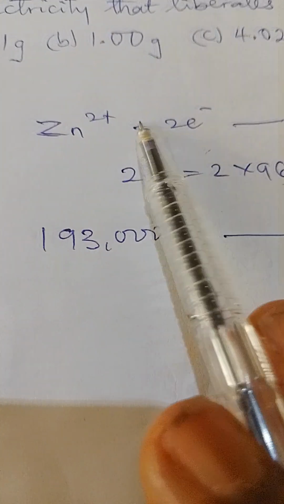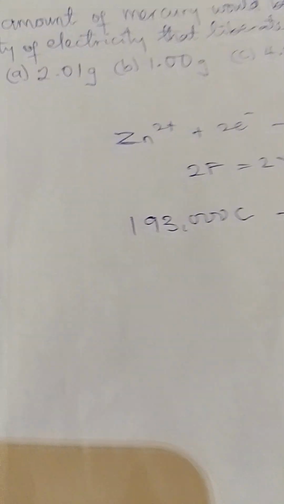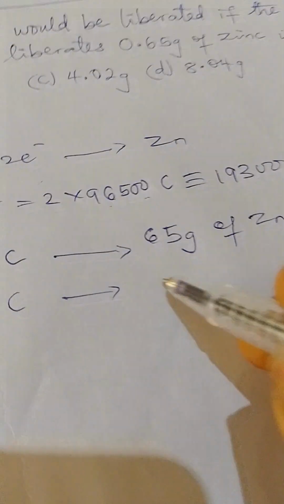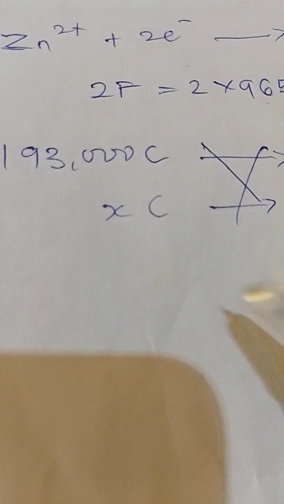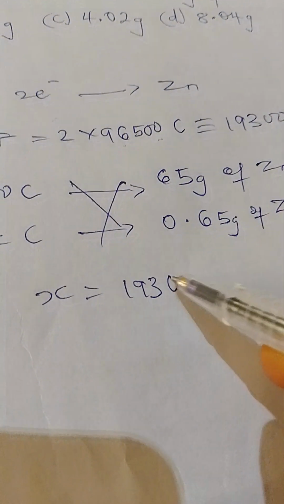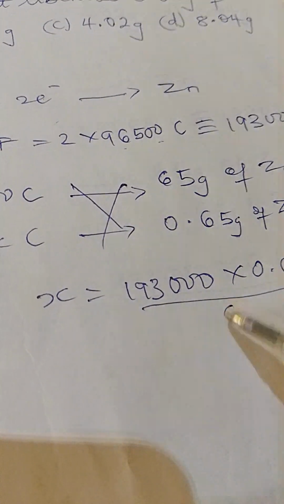That means 193,000 coulombs of electricity liberate 65 grams of zinc. That's the expression of this equation. Now, therefore, what coulomb will liberate 0.65 gram of zinc? So mathematically, I can cross multiply, and my x will be equal to 193,000 times 0.65 all over 65.